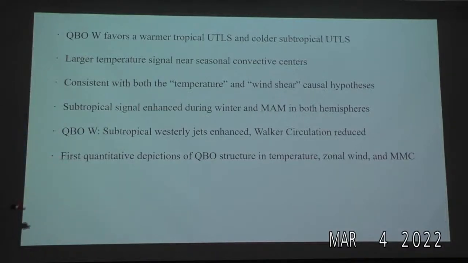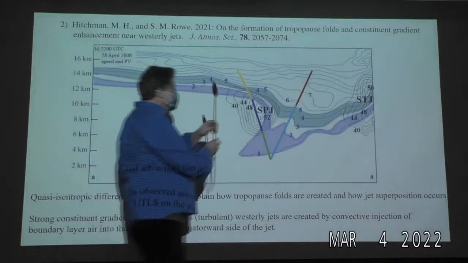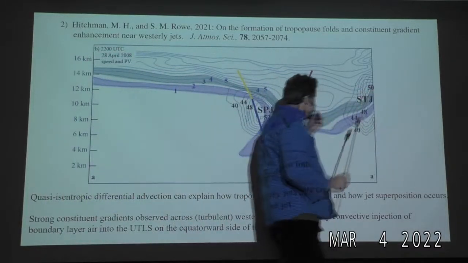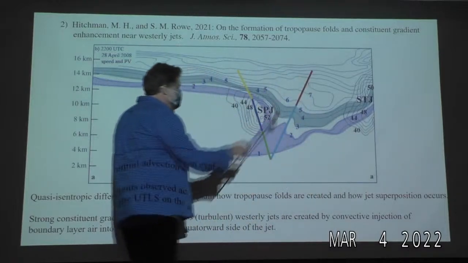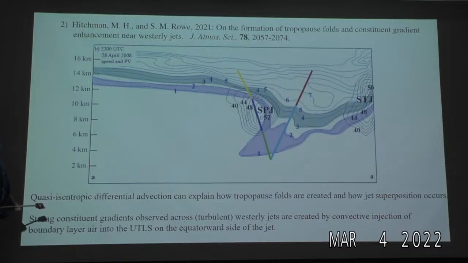Okay. So for the second example, you're looking north here. There's a subpolar jet coming out here, a subtropical jet here, and these are PV contours, and this is a jet flight path of sampling data which we analyzed.